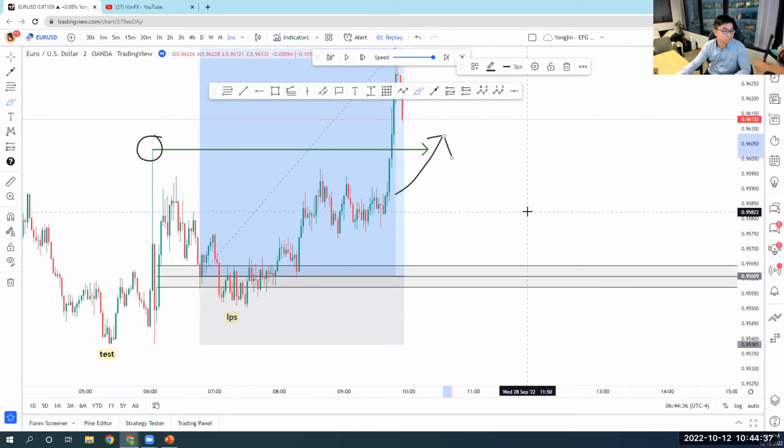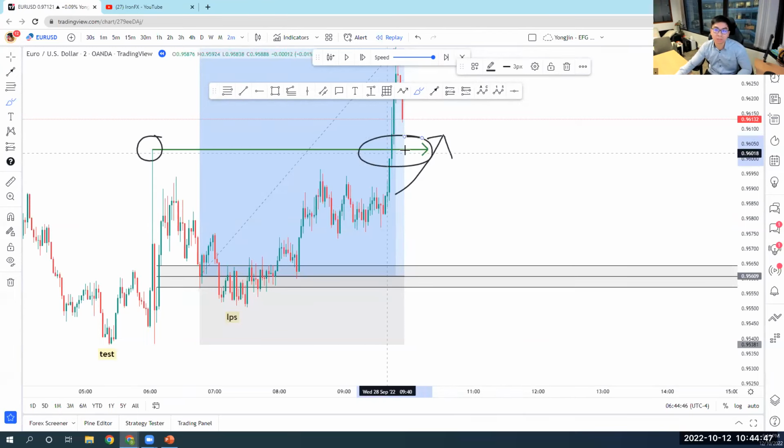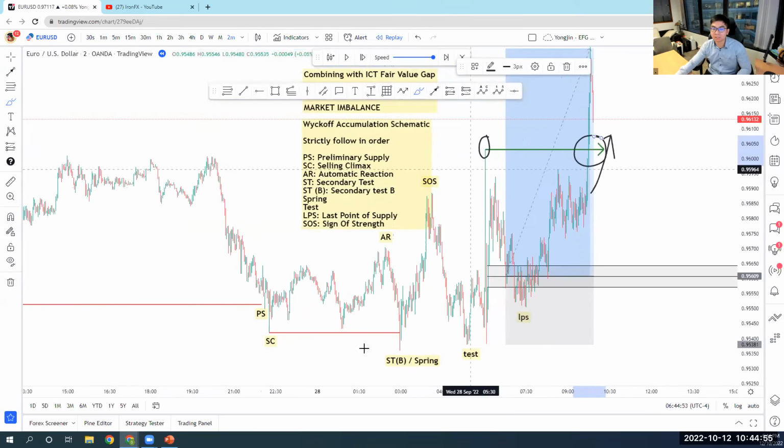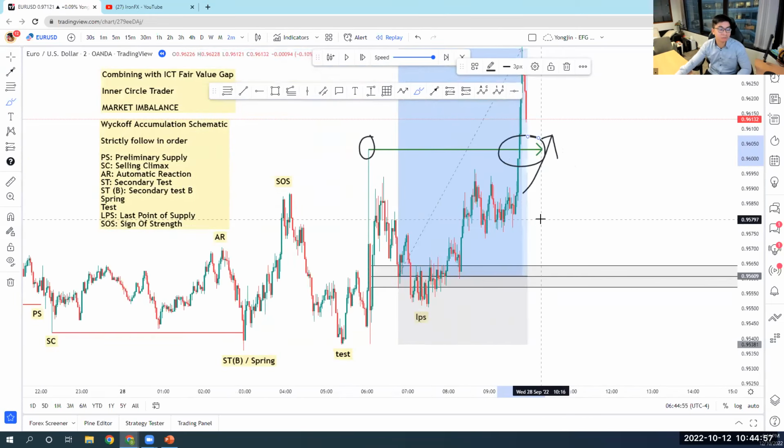What I like to do, to get my mind off the charts, is close a percentage of my trade the moment price clears up. Why am I saying that? It's possible that the entire Wyckoff schematic turns into a redistribution schematic overall.